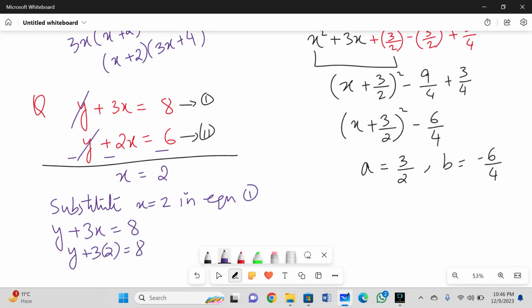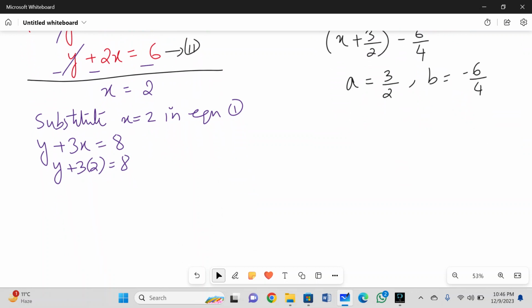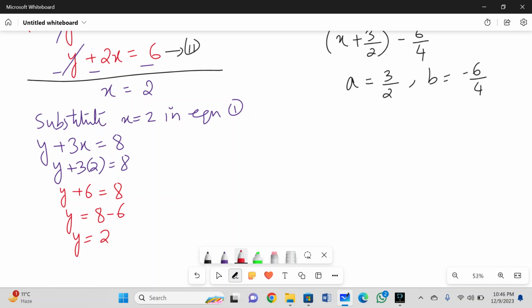Why? Because the value of x is 2. So it will be y plus 6 equals 8. Let us shift this 6 to the other side of the equation. It will be subtracted from 8. So y will be 2 as well. Both the values of x and y are the same in this question.